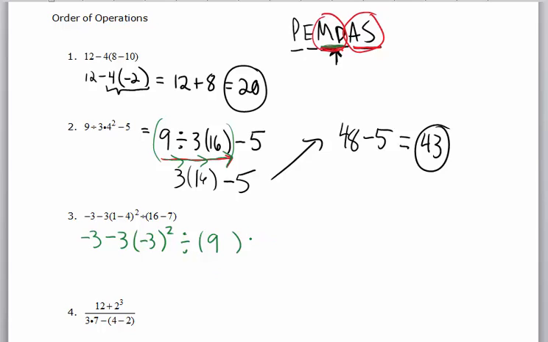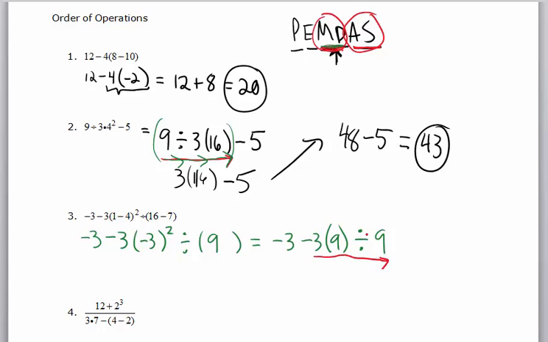Oh, I have to do the exponents. Okay, I took care of the parentheses. Now I have to do the exponents. Negative 3 squared is 9, positive 9, divided by 9.